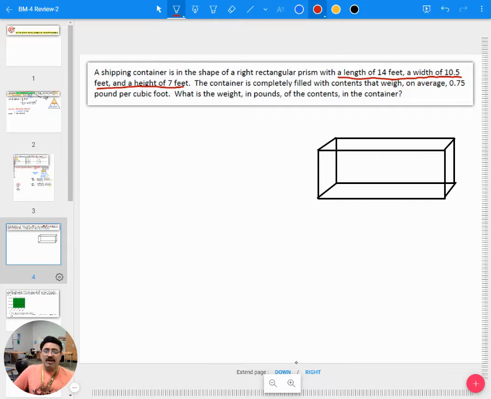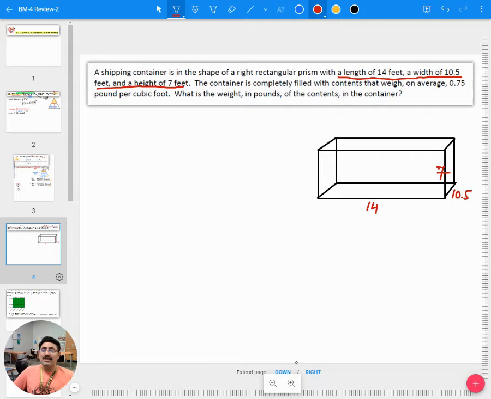The dimensions are: length is 14 feet, width is 10.5 feet, and height is 7 feet. The container is completely filled with contents that weigh on average 0.75 pound per cubic foot.